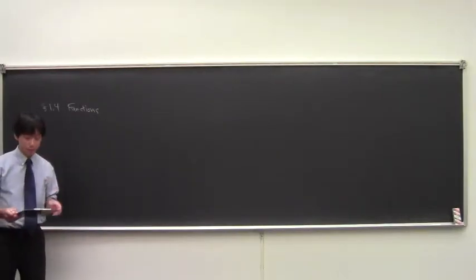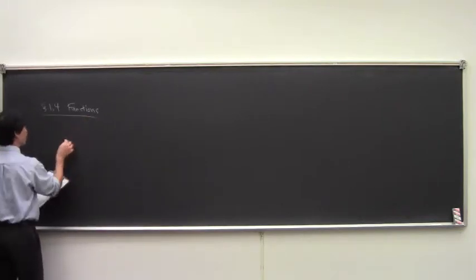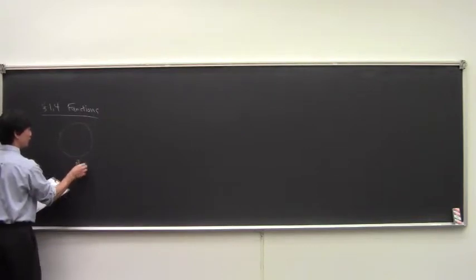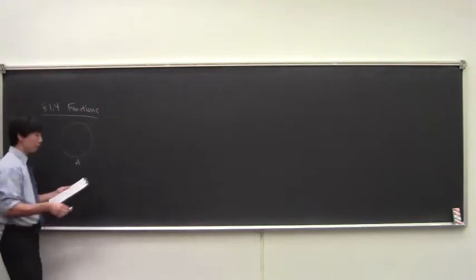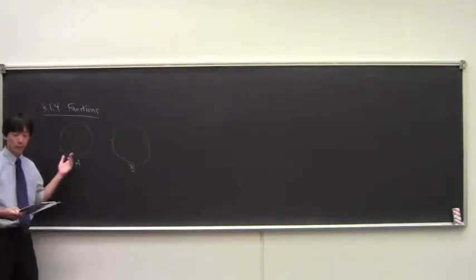You've probably seen this concept before. Generally speaking, you have some set A, and you have some set B, some sets of things.